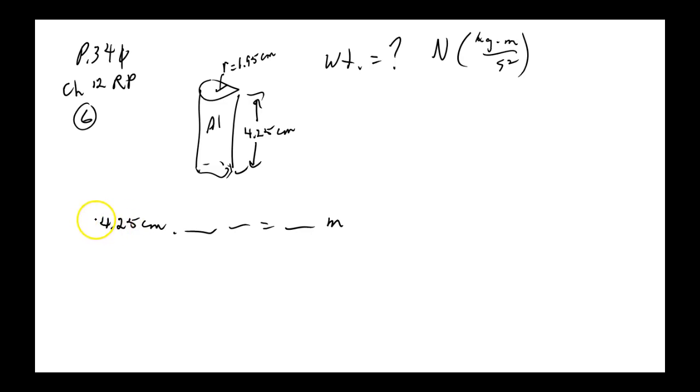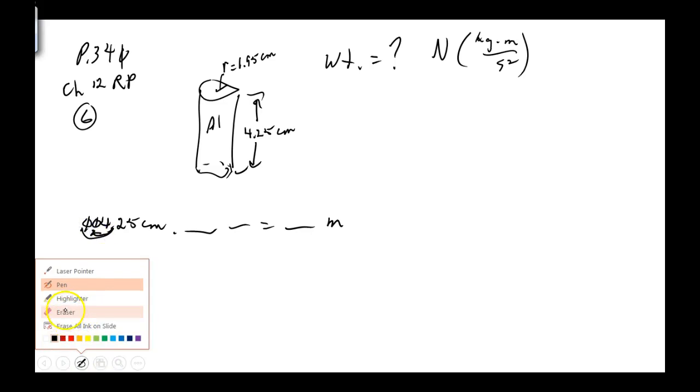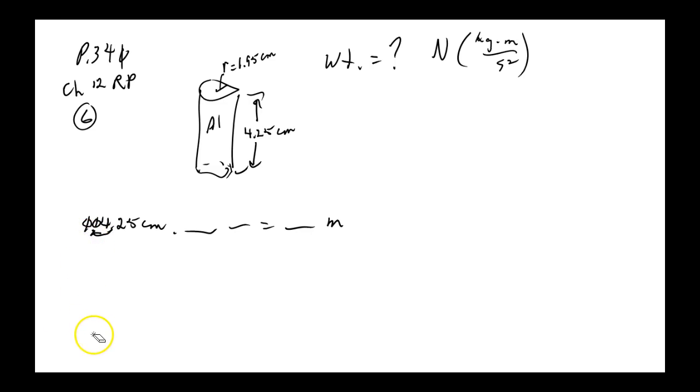So yeah, that's the easy way to do it. Oops, I did 3 again. I'd like to put a leading 0, but then I put the decimal in the wrong place. Okay, 2 places to the left. So the height is 0.0425 meters. And what's the radius?